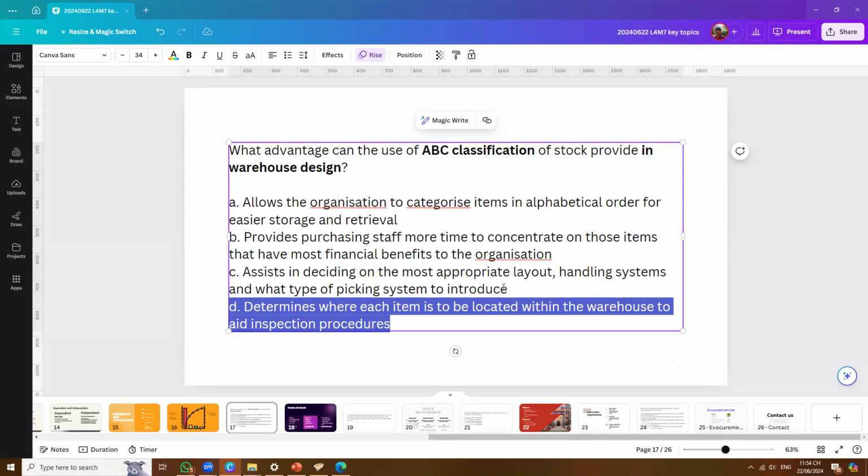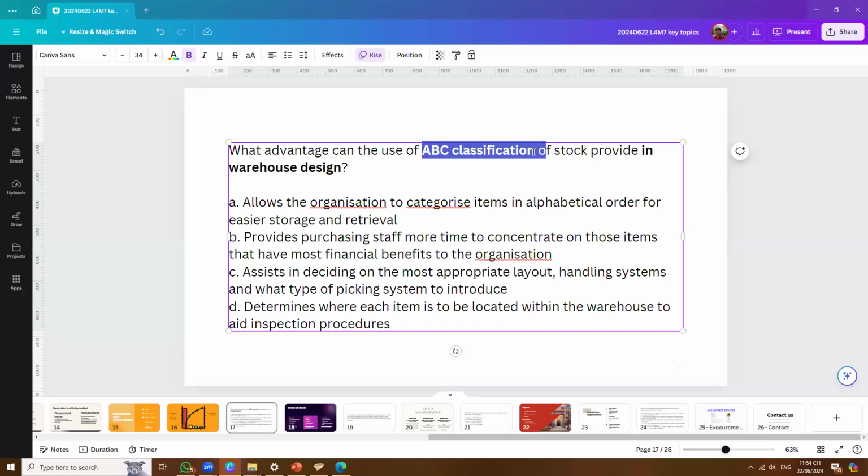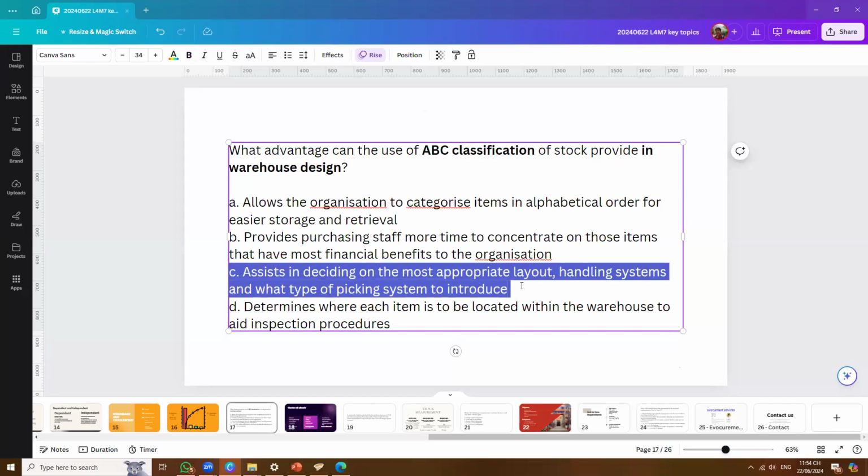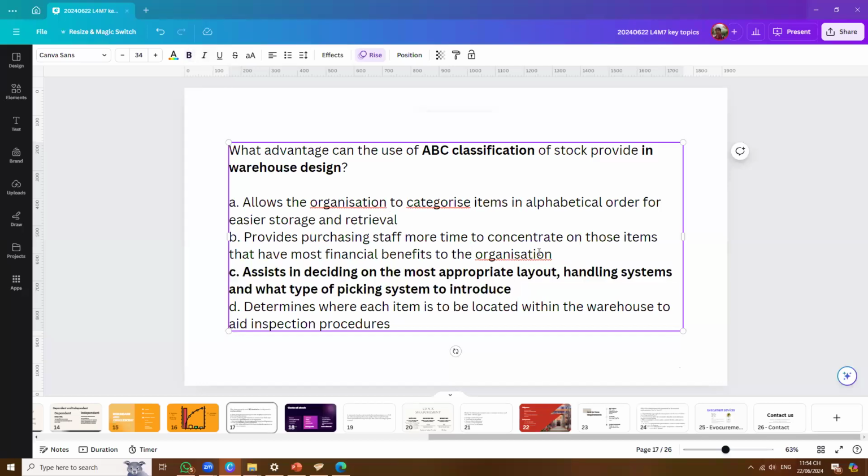Like you may make it a U shape, V shape, I shape, etc. So when we consider the question here, ABC classification in warehouse design, then C is the only appropriate answer. And the explanation is also included in John's explanation.